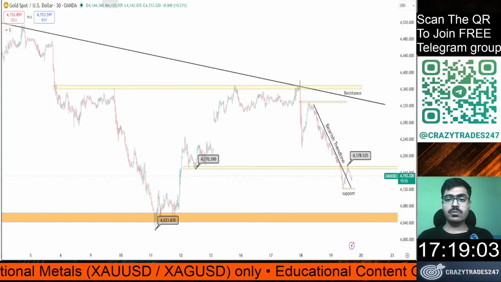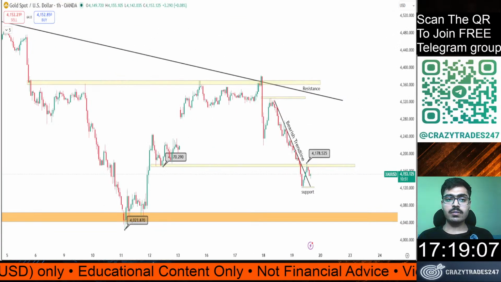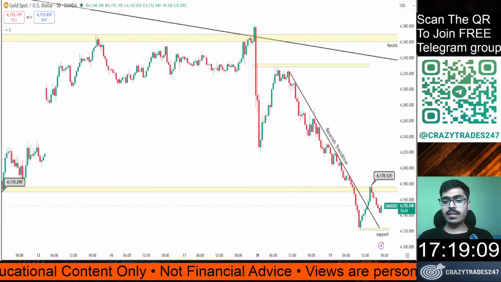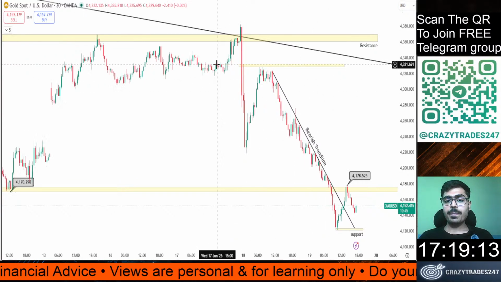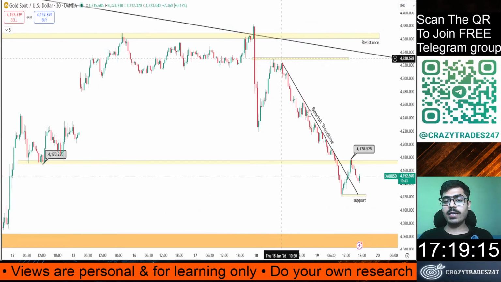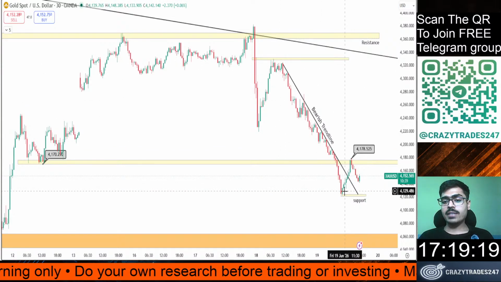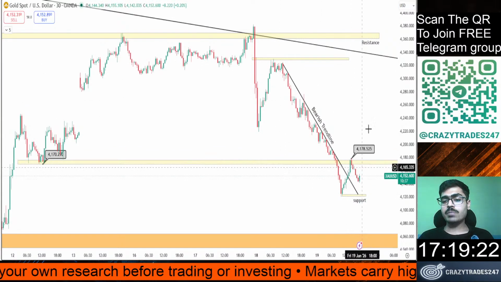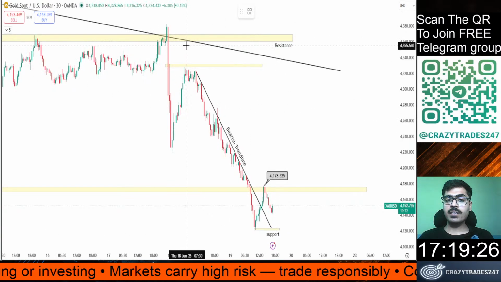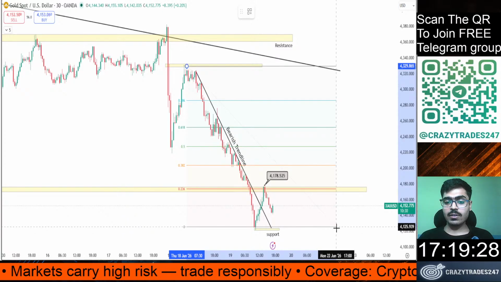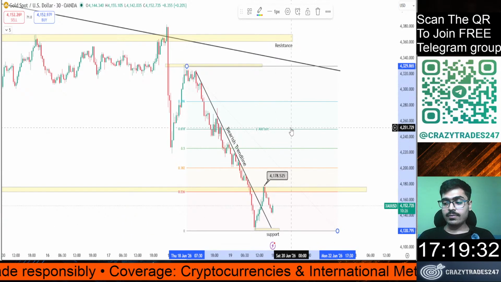But again, we need to have this very clear in mind that price is in a very bearish trend, making lower lows and lower highs. And after a big down move, price is giving this pullback. If this pullback continues, let me check till where it might continue, if it continues at all.